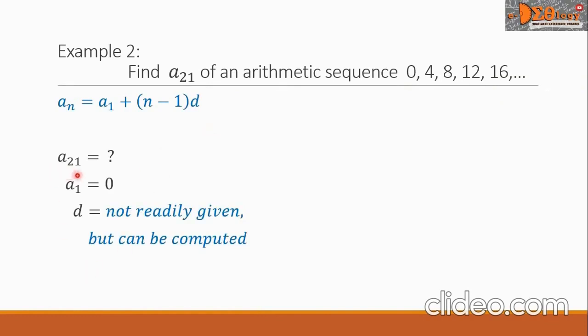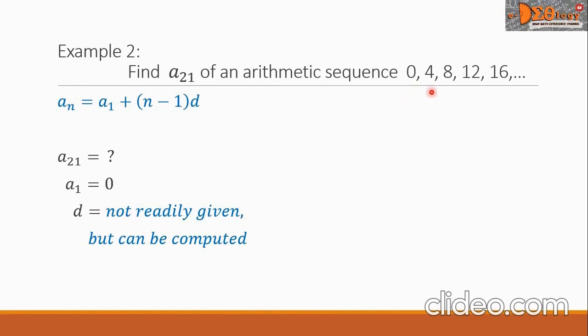A sub 21 is the required value. Our A sub 1, the first term, we can get from the given sequence. And the D, the common difference, is not readily given but can be computed. We can take any two consecutive terms and then we will subtract.